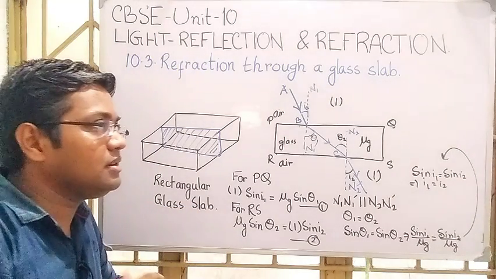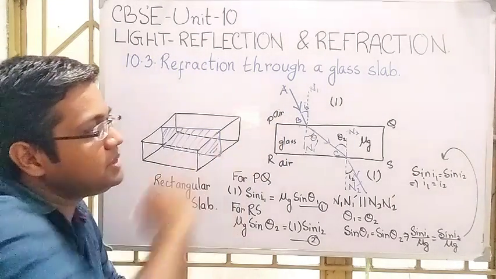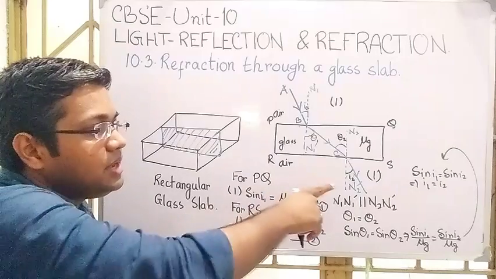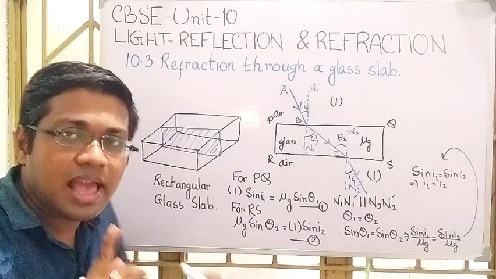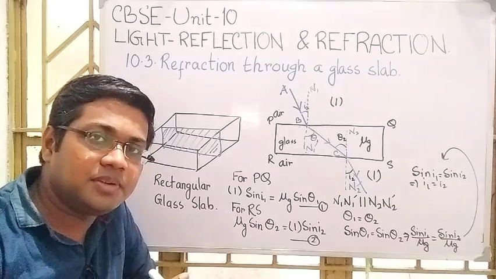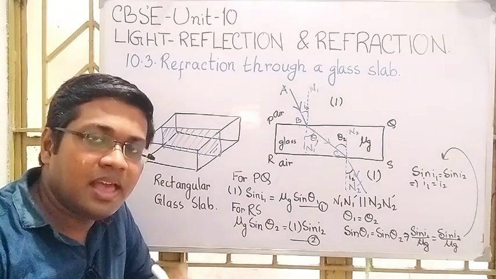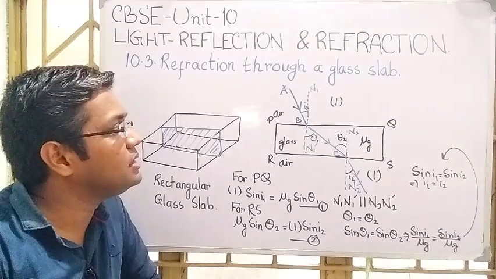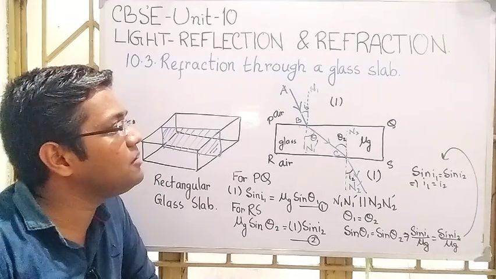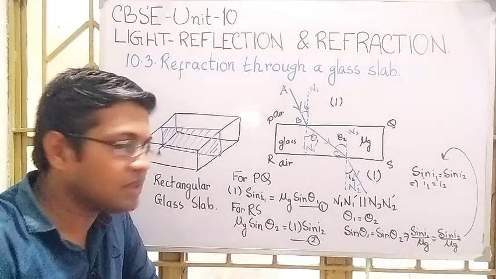What is I1? I1 is the angle of incidence. What is I2? I2 is the angle of emergence. So the angle of incidence and the angle of emergence are equal. If the light is refracting through a glass slab, then the angle of incidence and the angle of emergence are equal.